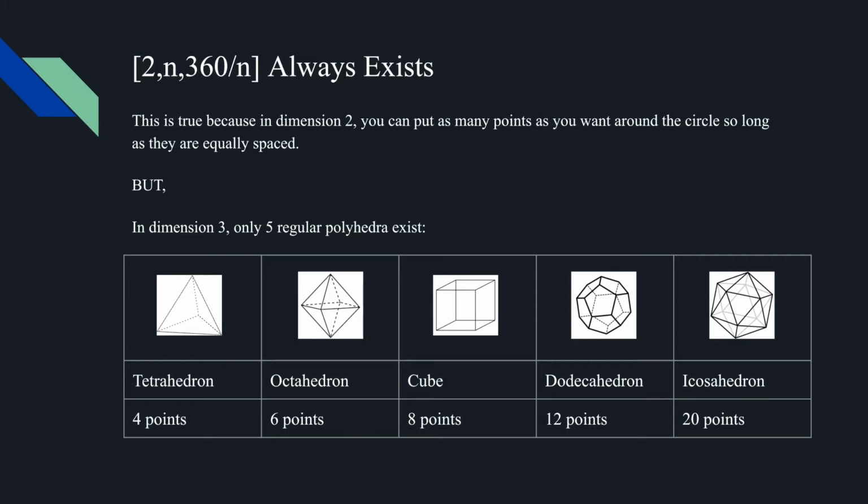That just means dimension 2, n points, and 360 divided by n is the angle in between each point. And that always exists because in dimension 2, you can put as many points as you want around a circle, so long as they're equally spaced. The angle will always be the same if they are equally spaced.